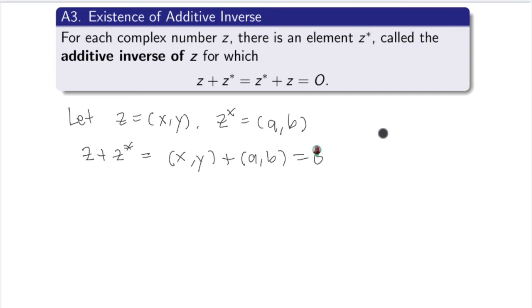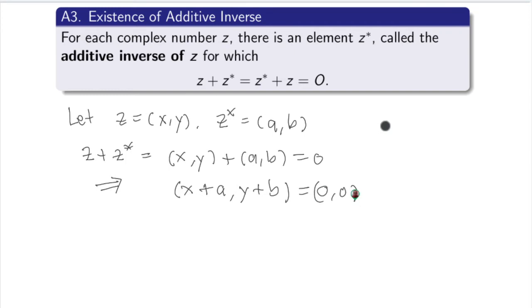So this would imply that on the left-hand side, adding x, y and a, b, we have x plus a for the real part and y plus b for the imaginary part, which we want to be the zero element 0, 0.